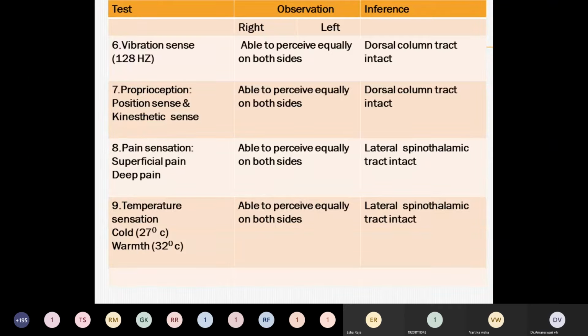Next, the observation sense. Next, pain sensation. The pain sensation. The observation sense. The tract.